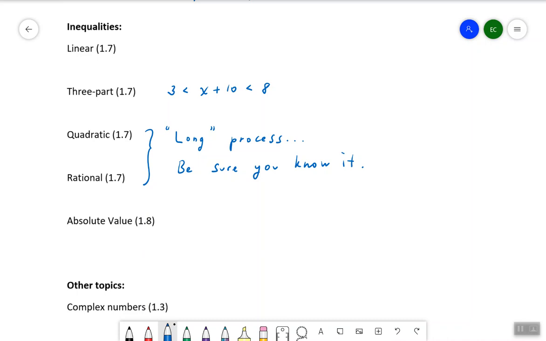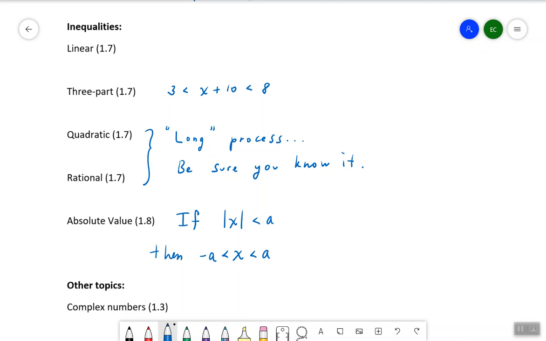Okay, the last type of inequality was an absolute value inequality. There were 2 cases. We said if the absolute value of x is less than a, then we can drop off the absolute value and create a 3-part inequality.